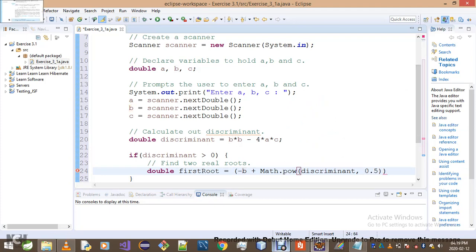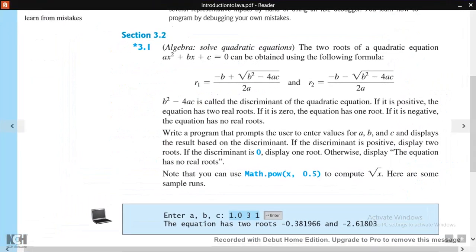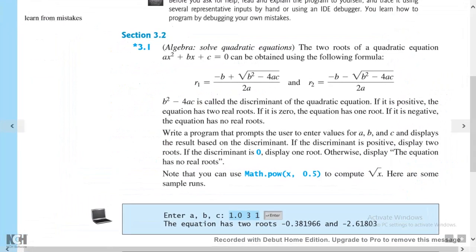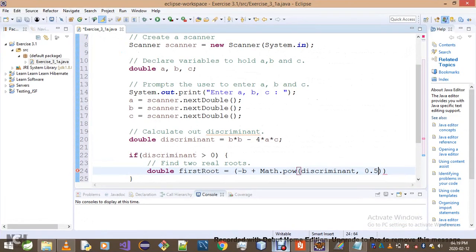Check this out, you guys. We were told here that math.pow(x, 0.5), if you put 0.5 next to x, gives you the square root of x. What else do we then do? We simply divide the whole thing by 2 multiplied by a. That should be it for the first value.